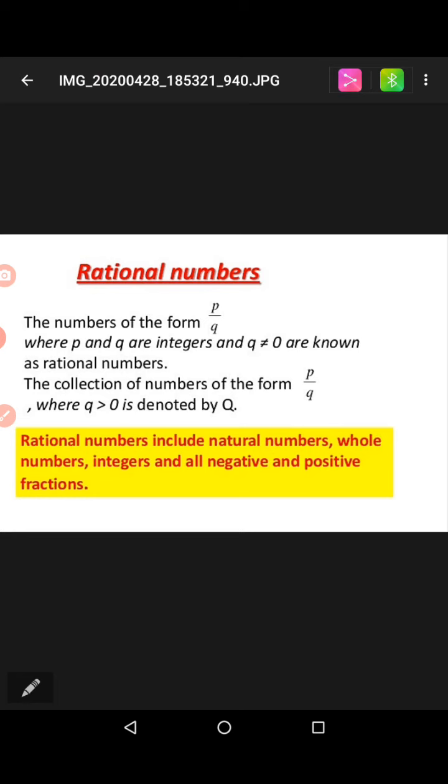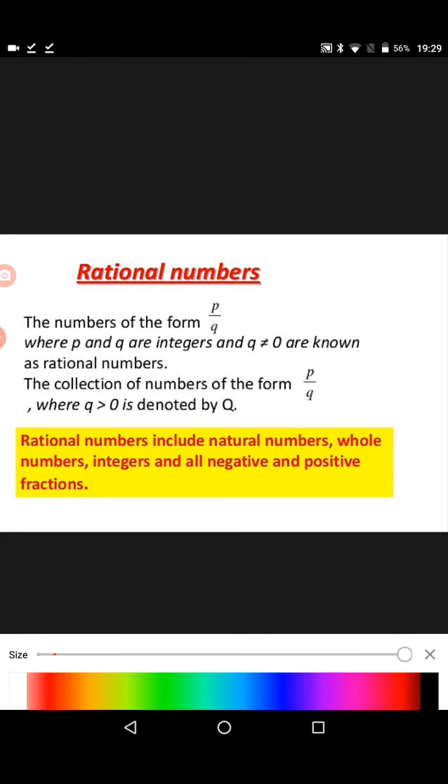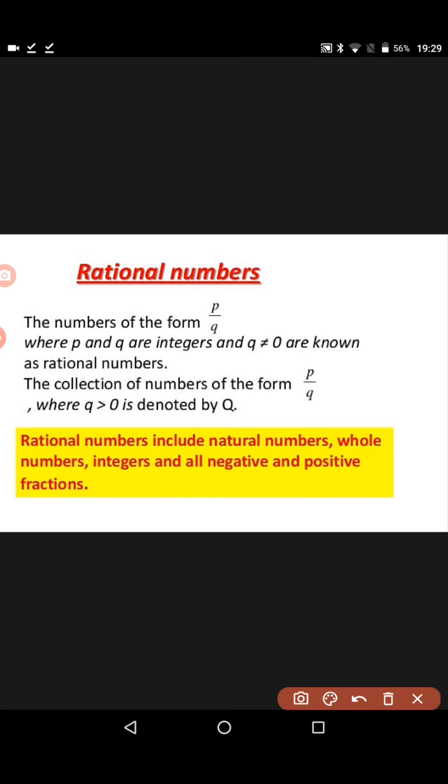Now we'll move on to the topic rational numbers. Let's begin with rational numbers now. The numbers of the form P by Q are called rational numbers. And one more condition is also there: P and Q belong to the integer set, and Q is not equal to 0. So all these rules it should satisfy.